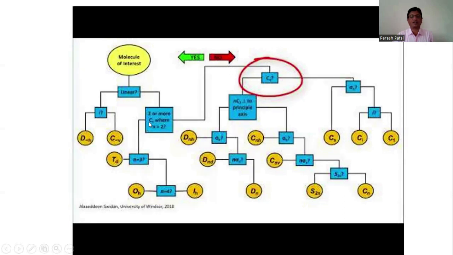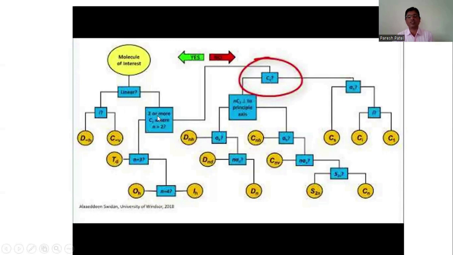If it is linear, then the C∞v or D∞h point group may be present. If σv is present, the C∞v point group may be present. If σh is present, then the D∞h point group may be present. So this is the case for linearity.